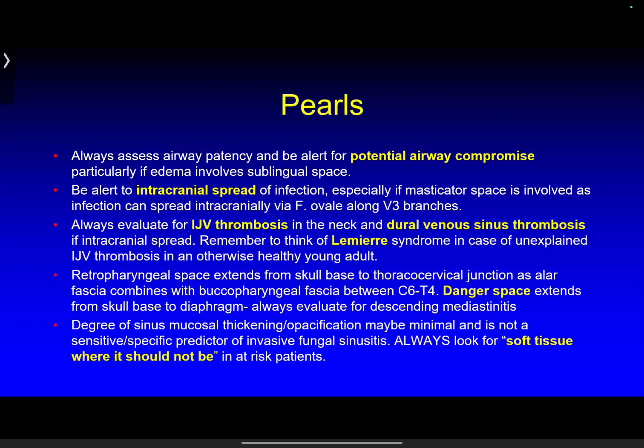And the history is very characteristic. It's usually an immunosuppressed or a diabetic patient coming in with a sinus infection. That's usually the history I get. And then I look for soft tissue where it shouldn't be, which usually is not as mass-like as a neoplasm. It's infiltrative soft tissue, not mass-like soft tissue. And again, the history is key to the diagnosis.